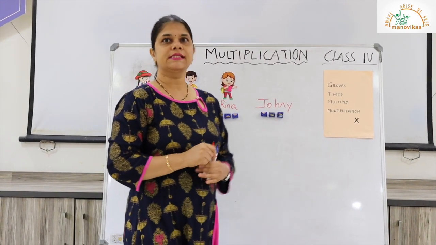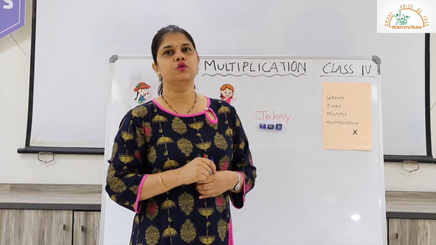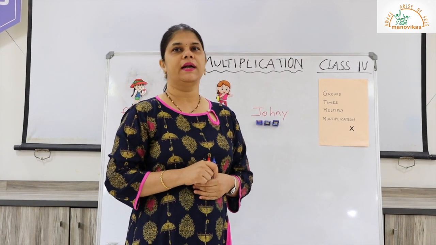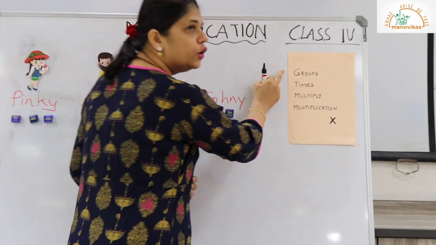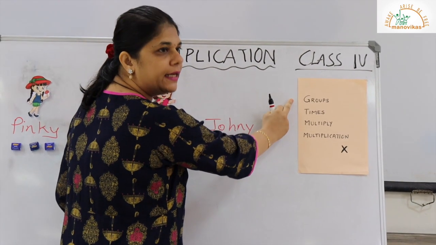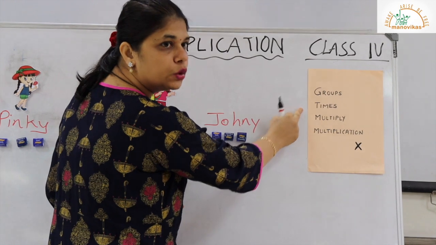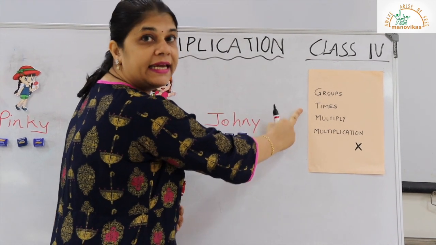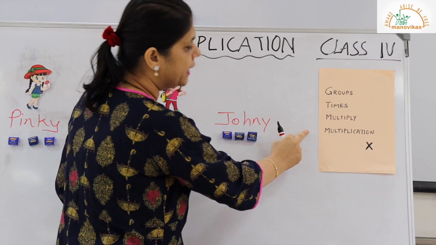Students, before we start, I would like to tell you the different words which you come across when you solve multiplication sums. The words are groups, like groups of 3, groups of 4, times, like 2 times 3, 3 times 4, multiply and multiplication.